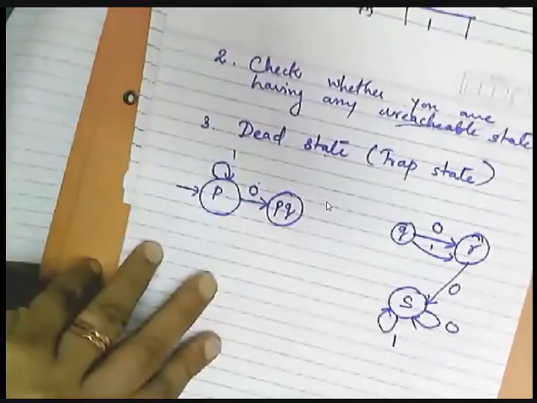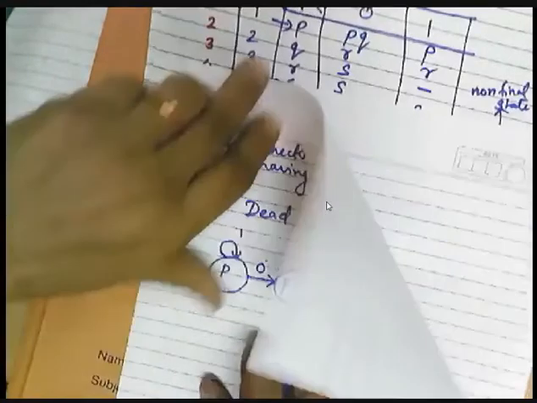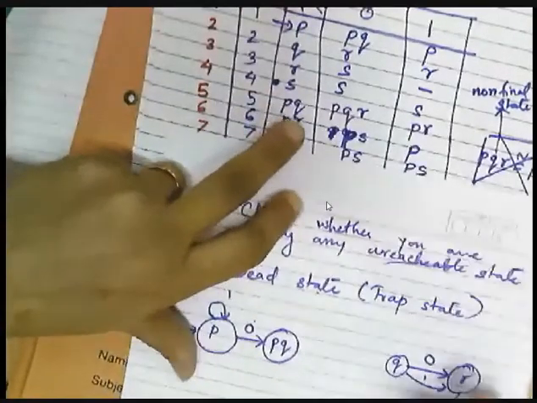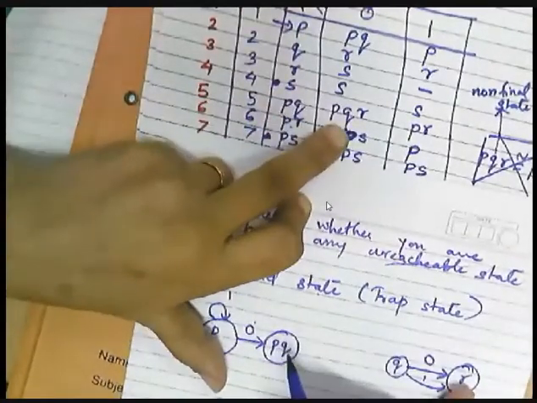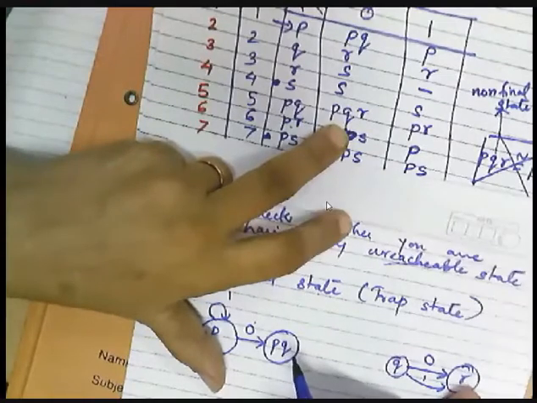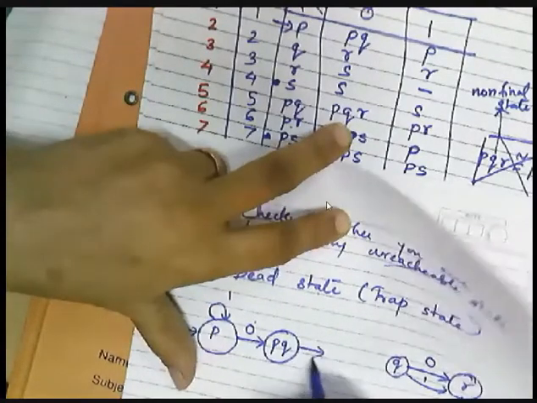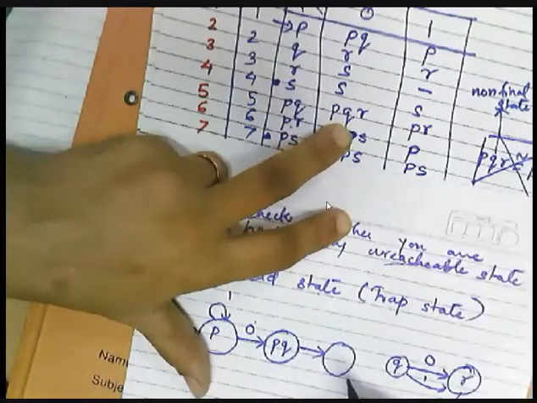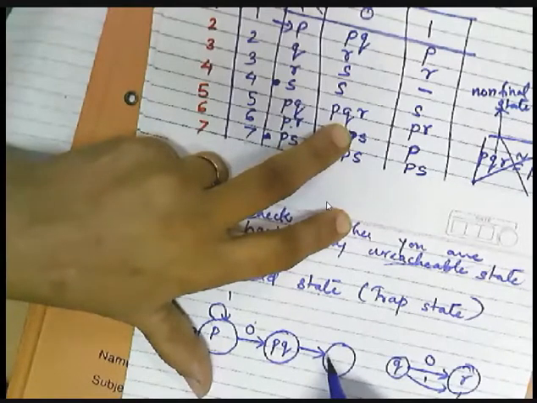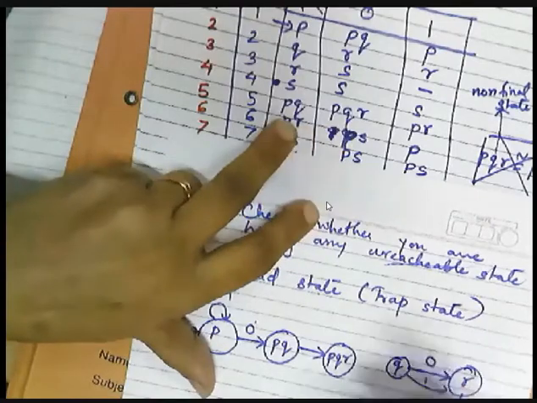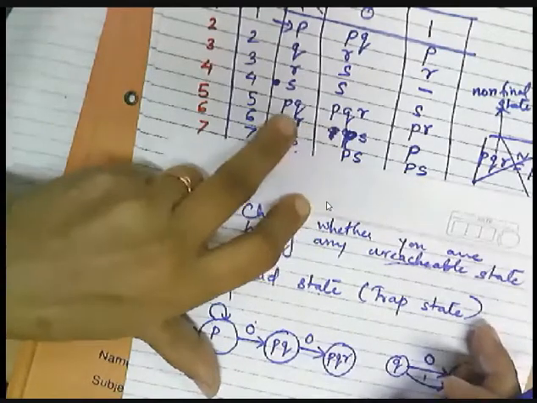Right? Next, PQ. PQ state on 0 moves to a state named PQR. Right? Then PQ, this is important. PQ on 1 moves to PR.